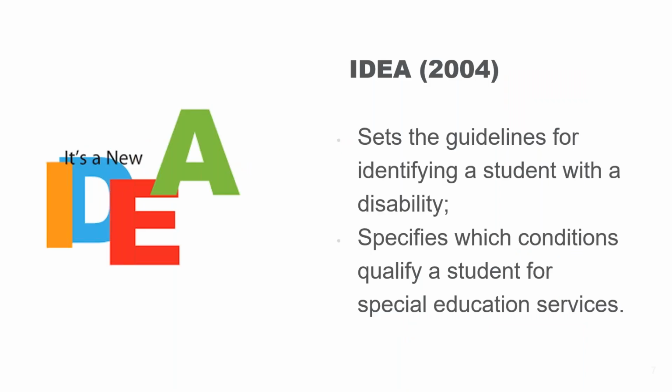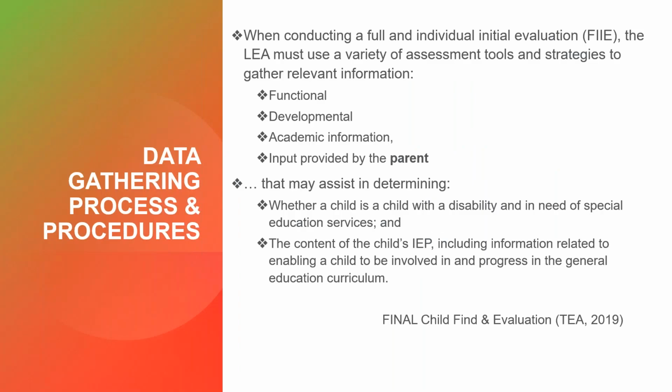So again, IDEA sets the guidelines for identifying a student with a disability, and it specifies which conditions qualify that student for special education services. And according to policy, when we are conducting a full and individual evaluation, whether it's an initial or a reevaluation, the local education agency must use a variety of assessment tools and strategies to gain relevant information.